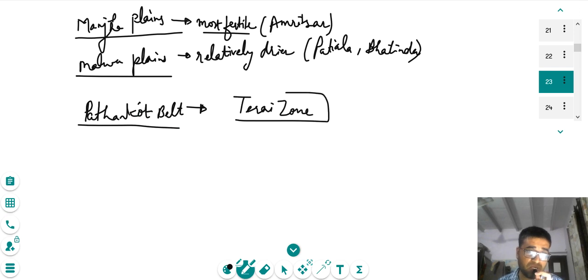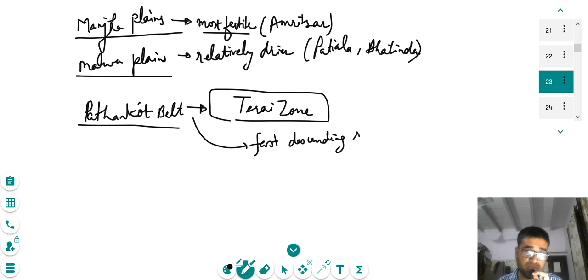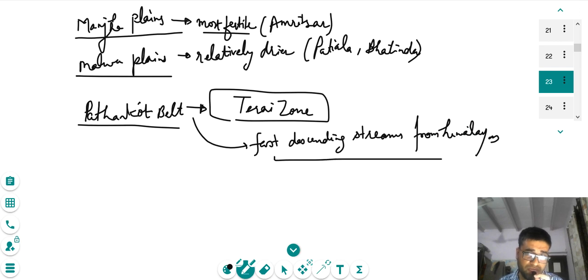And in this Tarai zone, there are fast descending streams from the Himalayas, and these fast descending streams have dissected this land.